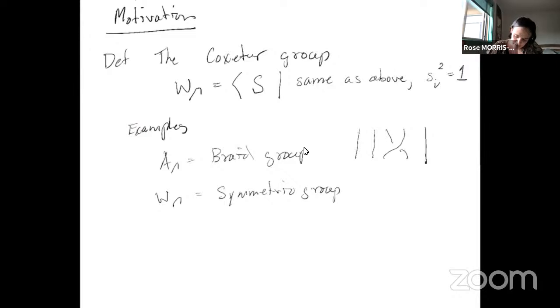I have strands 1, 2, 3, 4, 5, and this element is telling me I cross 4 over 5. If I forget about the twisting and just think of this as a permutation, my corresponding symmetric group element would just be the 3, 4 transposition, and everything else stays fixed.